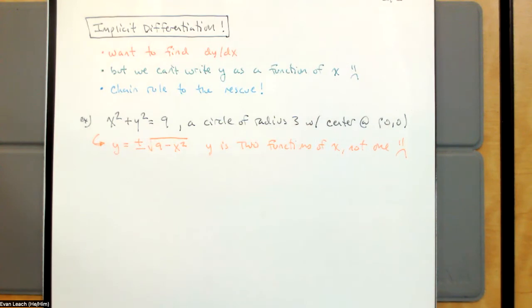We can't write y as plus or minus the square root of 9 minus x squared. We had to undo a square, and squares obliterate any negatives. So we don't know if the square came from the positive or the negative.